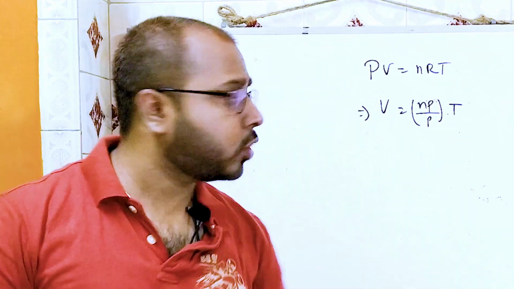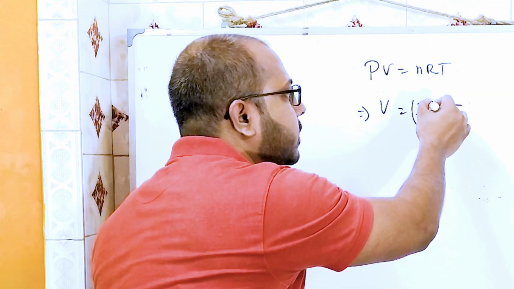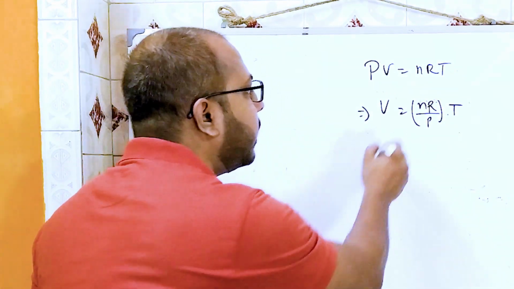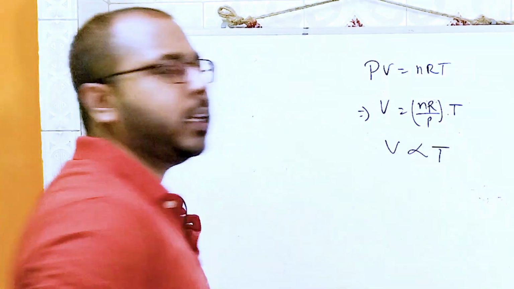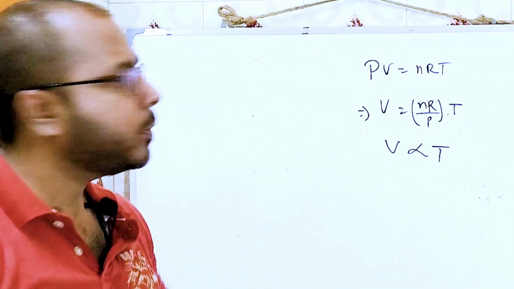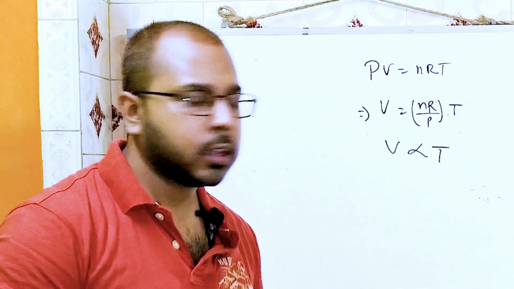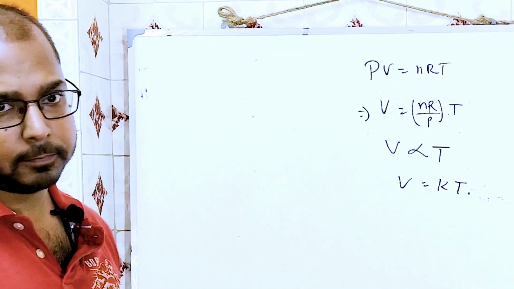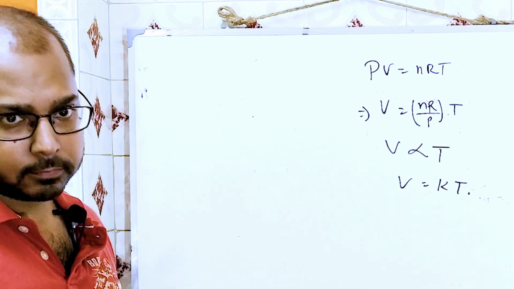If n is constant, R is constant, and P is also constant, then volume and T are directly proportional because nR over P is constant. So I can say that V equals to a constant into temperature. Any query?